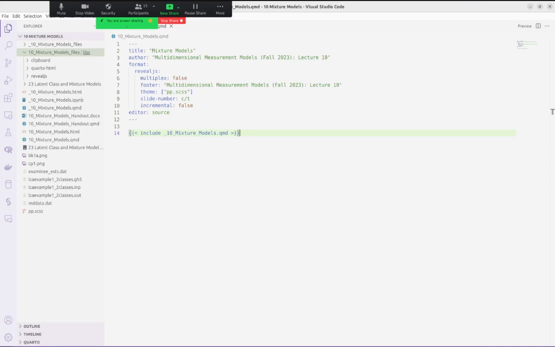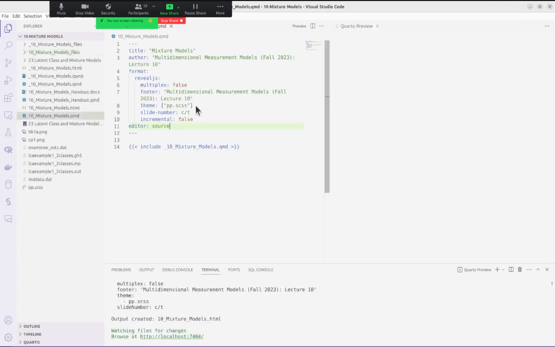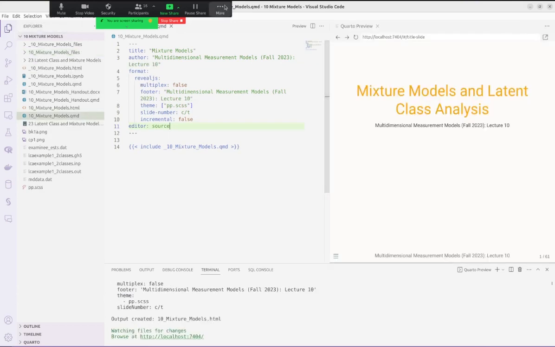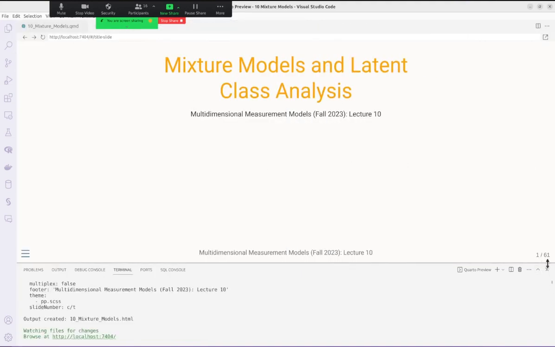Mixture models are largely exploratory. They are exploratory methods, generally motivated by the idea that people are trying to find groups of similarly behaving or performing observations or people.